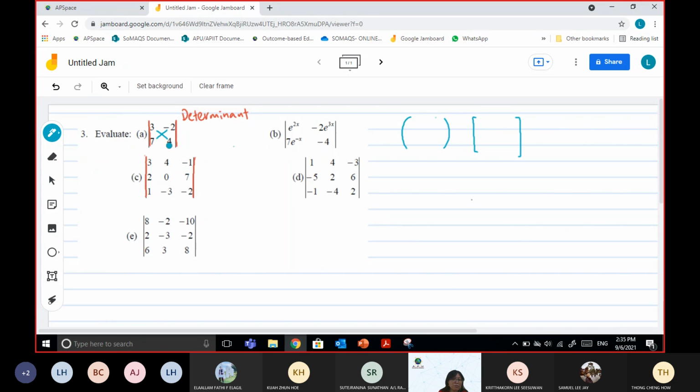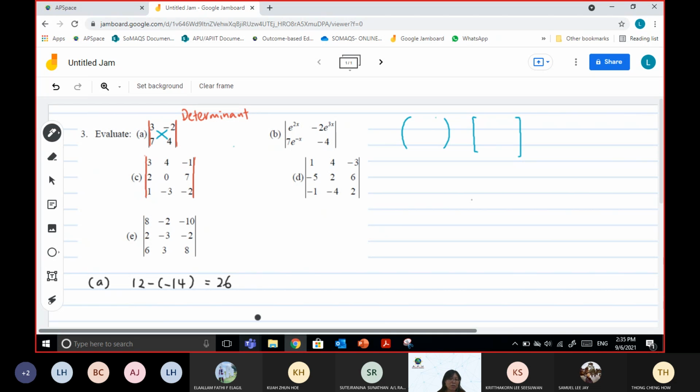That means 3 times 4 minus 7 times negative 2. So for part A, we calculate 3 times 4, 12, minus negative 14, which is 26. So that's how we calculate, always minus.